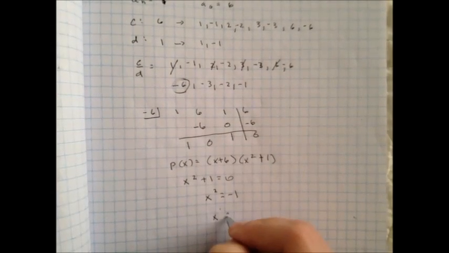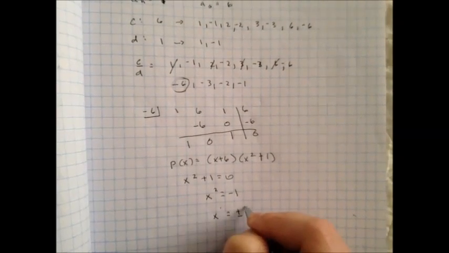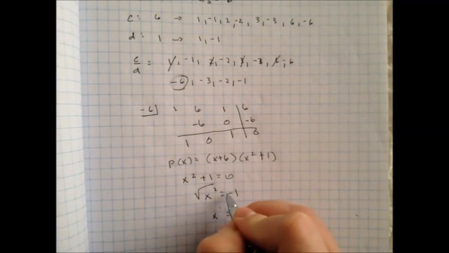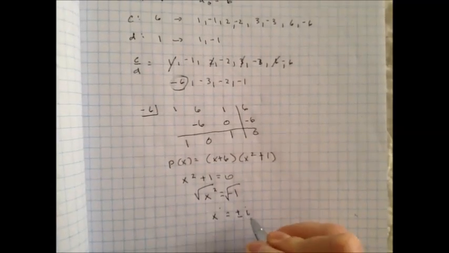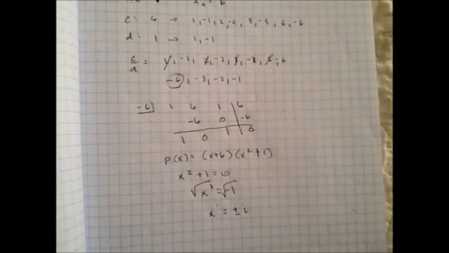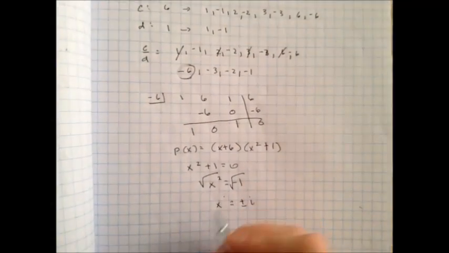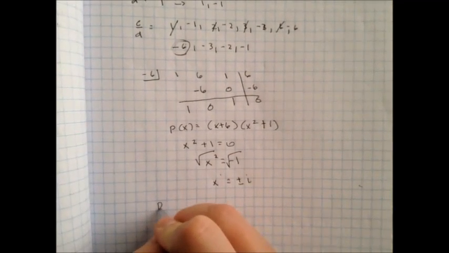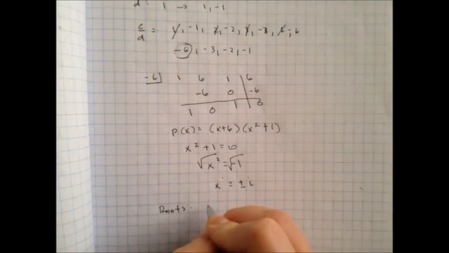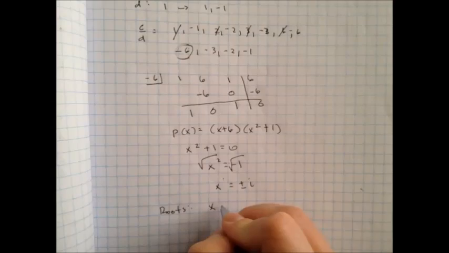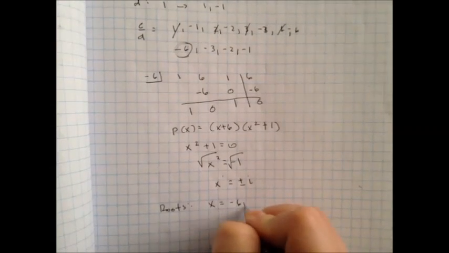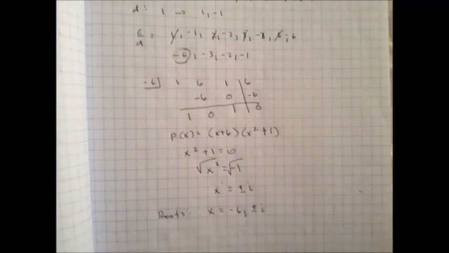So x is going to be plus or minus i, because when I take the square root of both sides, the square root of negative 1 is i, but it's going to be plus or minus. Okay, so my roots are x equals negative 6 and plus or minus i.